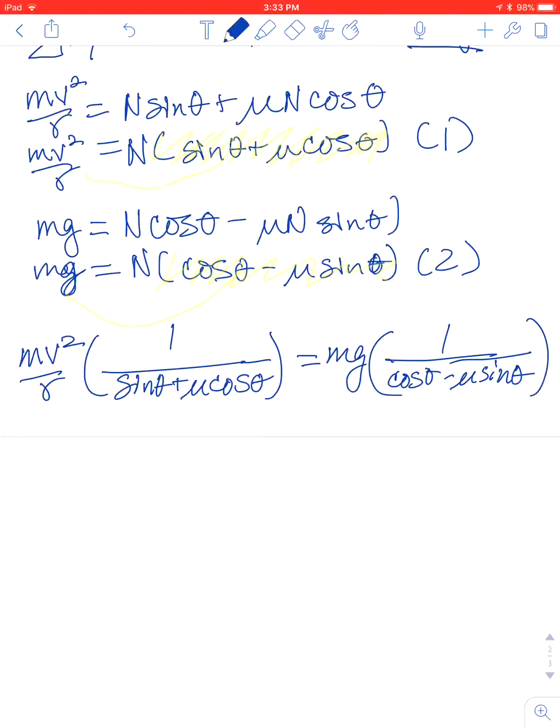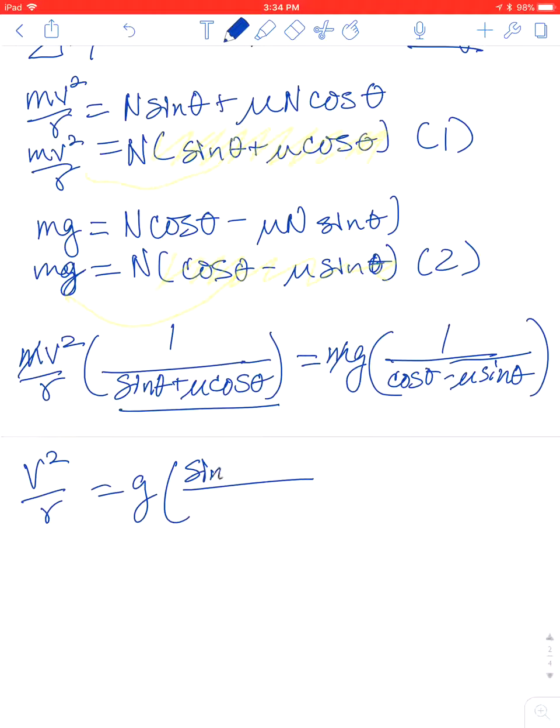There. So notice that the masses actually drop out of the expression for the safe speed. The mass of the car doesn't determine the maximum safe speed. Interesting to note. And then I'm going to solve v squared over r equals, I'm going to solve this expression for v, g times, and I'm going to multiply both sides by this quantity.